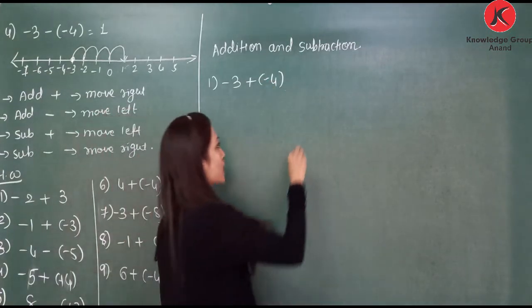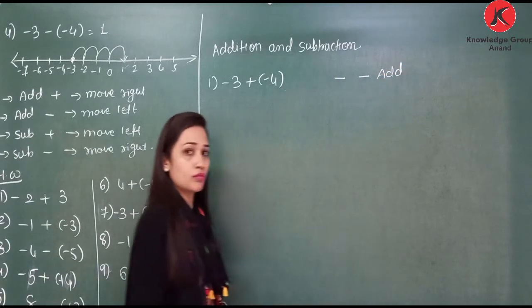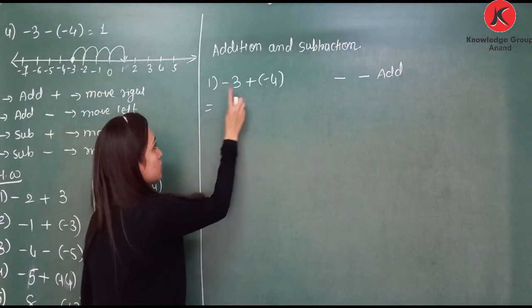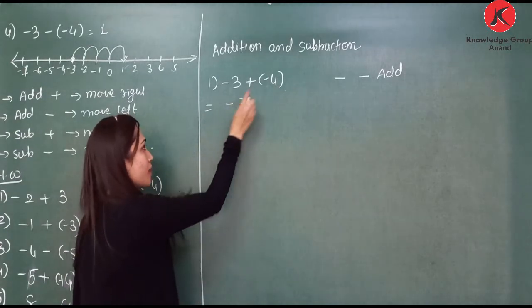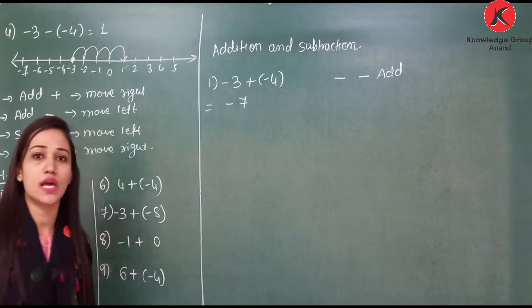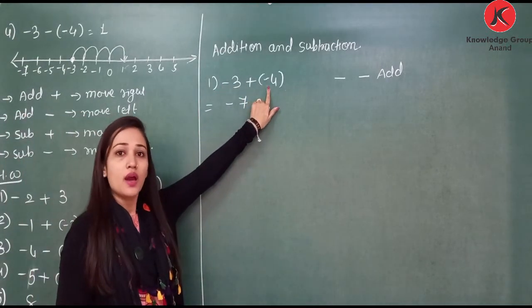So whenever two signs are negative, add the numbers. So here 3 plus 4 is 7, and the sign is that of the greater number, that is minus, because 4 is the greater number and the sign of 4 is minus.